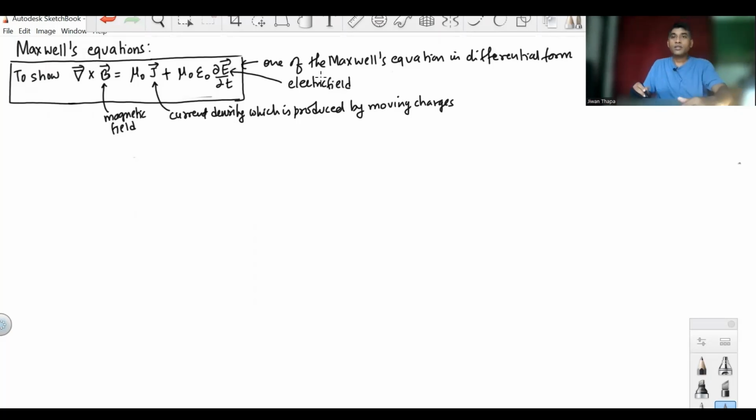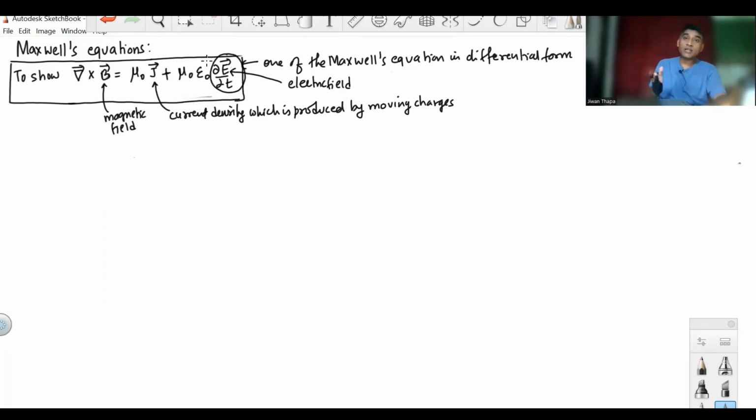Okay. Now we know current carrying conductor produces magnetic field. So what does this equation mean? So this equation tells that in addition to current, magnetic field can be produced by varying electric field also.